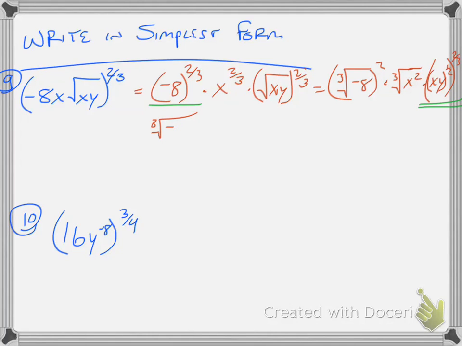Cube root of negative 8 squared times cube root of x squared times, and this is going to be xy raised to the 1/2, and I'm going to multiply that with 2/3 because that's power to a power, so I multiply these two. So that's going to become, again, I'm going to leave everything the same for right now.